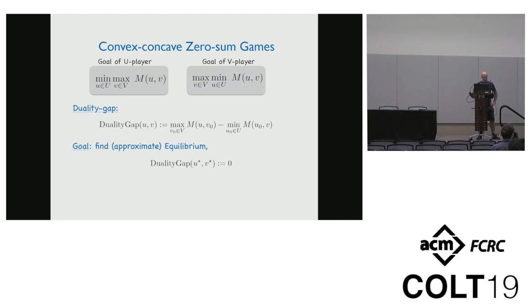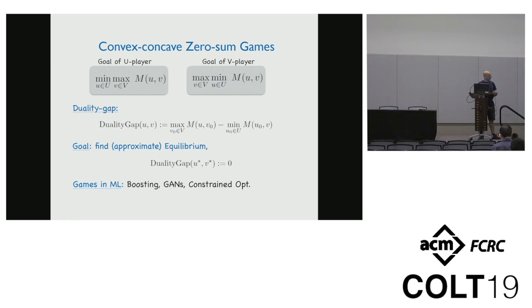More formally, given a solution or a point U and V, we can define its duality gap to be the difference between the worst case response of the V player with respect to U minus the worst case response of the U player with respect to V. And it is well known that the duality gap is always non-negative. What we're trying to find are equilibria for which the duality gap is exactly 0. And actually we're satisfied with approximate equilibria in which the duality gap is, say, epsilon close to 0.